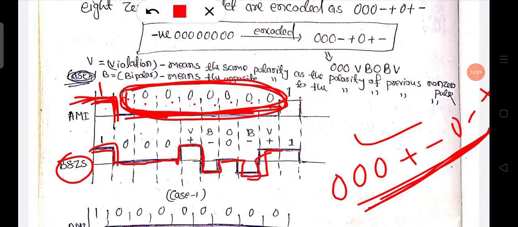This is the encoding process, and the other waveform is the same as the input signal.